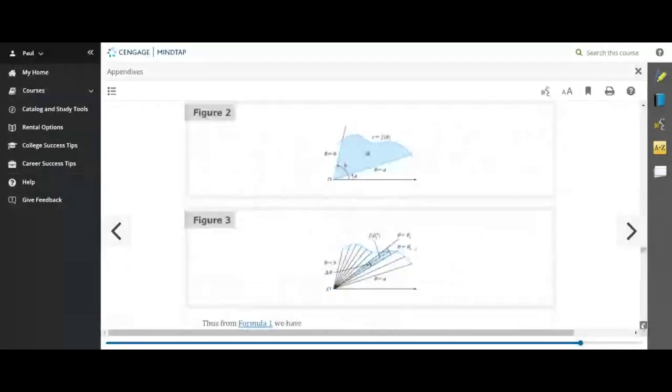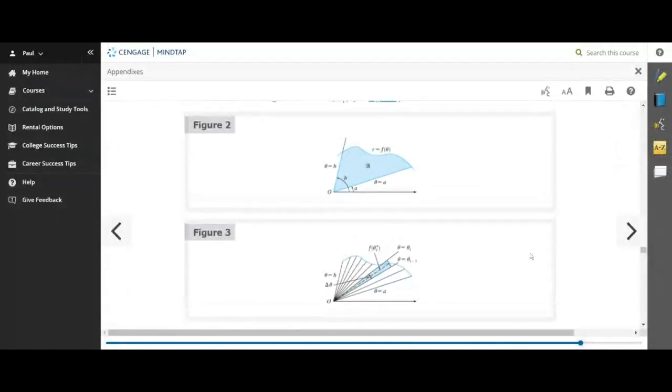Now, if we go back to the ebook, let's see what we're going to do with this formula. The goal here, in figure 2, is this function r equals f of theta. So the radius is a function of theta. That's a polar equation.